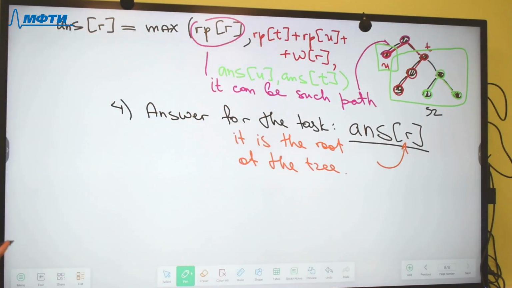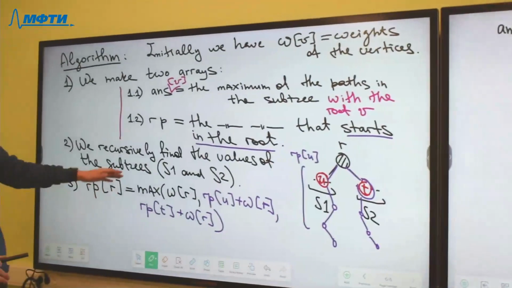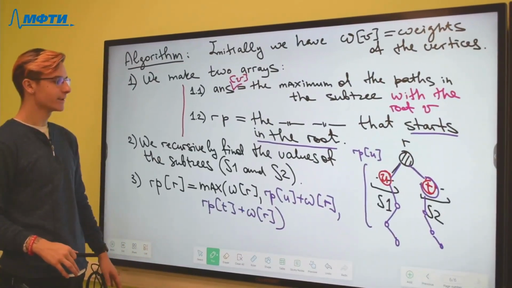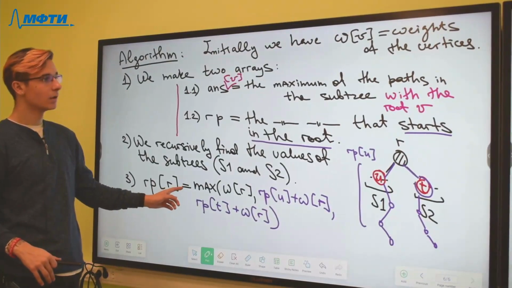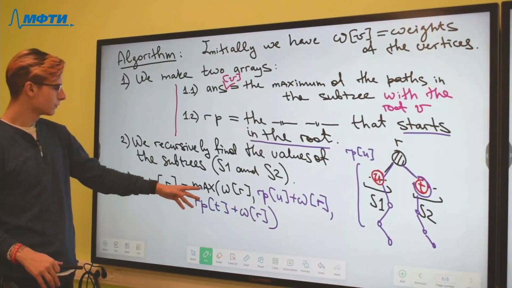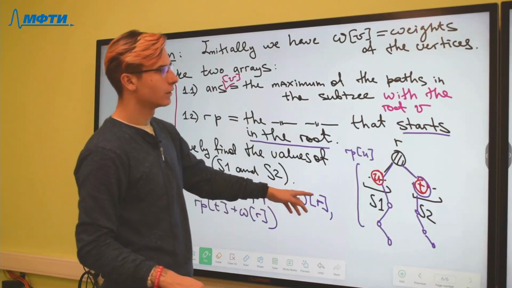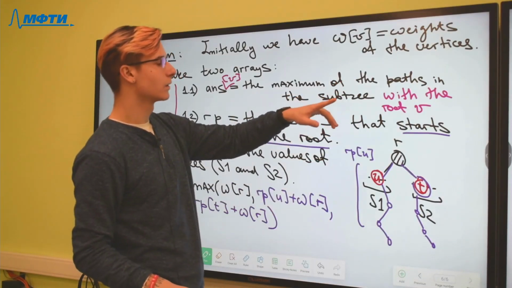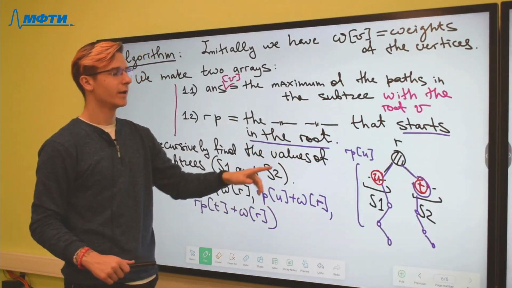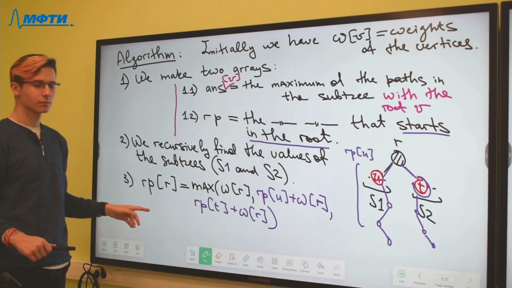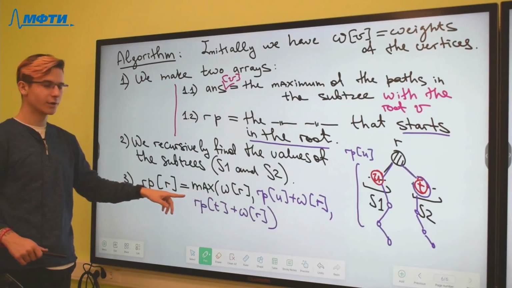As we see, in each step when we go down in this tree recursively, we spend only constant time on arithmetic operations and comparison.